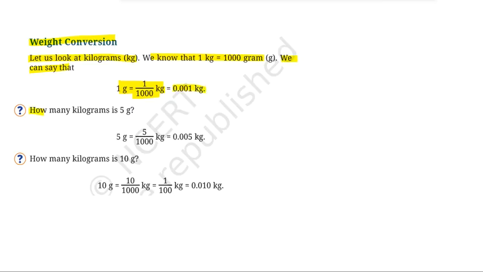So now how many kilograms are in 5 grams? As we got to know, 1 gram is equal to 0.001 kg. If I need to find out how many kgs exist in 5 grams, I'll simply take 5 times 0.001 kg, and that would give me 0.005 kg.